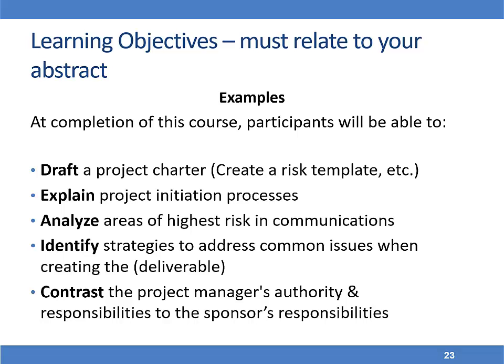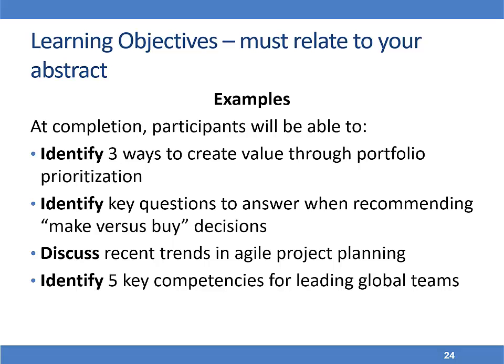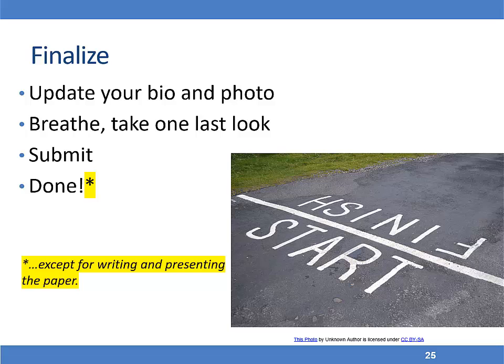Look for verbs to start these learning objective sentences. More examples. At completion, participants would be able to, for example, identify 3 ways to create value, or identify the key questions, or discuss recent trends.